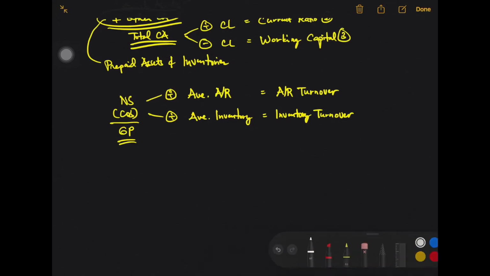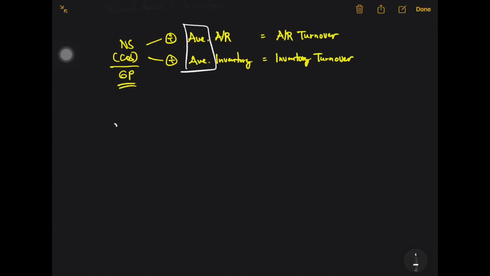You may be wondering, what's with this average? What do you mean by average here? How do we compute that? How do we get that? So I will just assume some data here. Let's say you have your current assets here and you have your AR and then your inventory. Then you have 2-year data. 2020, then 2019. Let me just assume some figures here. 190. Let's say like this.